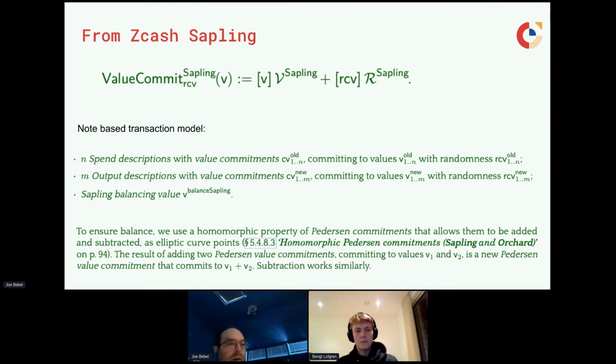So what can we do to add multiple asset support to this? Because this Sapling design, for the most part, only supports an implied asset, which would be ZC, or a single asset of some kind.